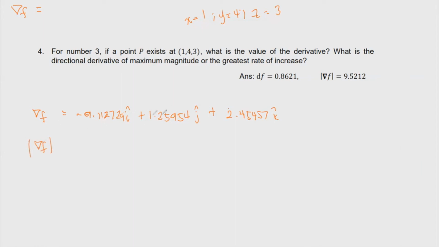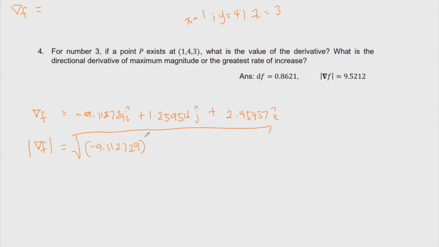So whenever you have a vector and you need to find the resultant, you just have to take the square root of the sum of each component squared. My writing is already messed up. So that's the square root of this one. That's negative 9.112729.